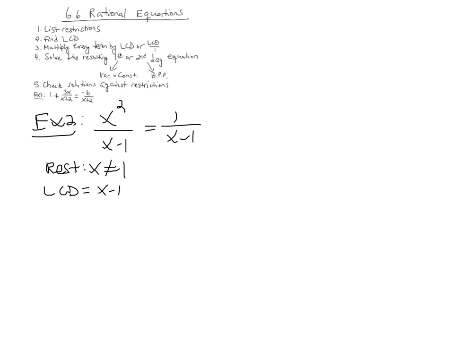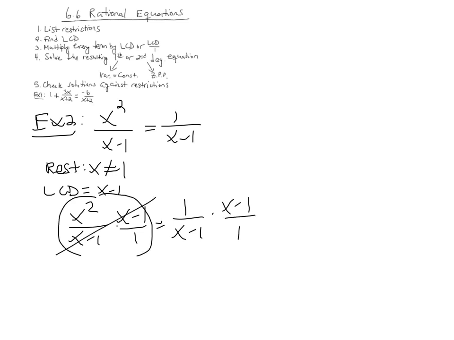I think it's x minus 1. Hope you all see that. So we're going to multiply every term by the LCD over 1. And here, the x minus 1's cancel, and we're left with x squared. Here, the x minus 1's cancel, and we're left with 1.